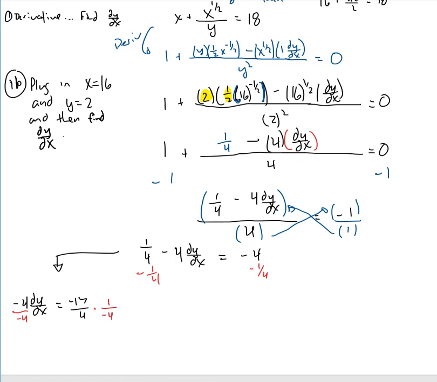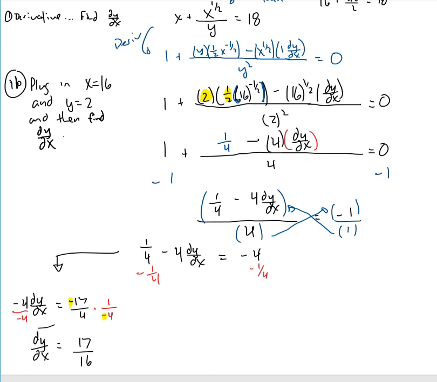And then that way my dy/dx is now finally by itself equal to, I have a negative and a negative that would just cancel. So it is positive. And then 17 times 1 is 17. 4 times 4 is 16.